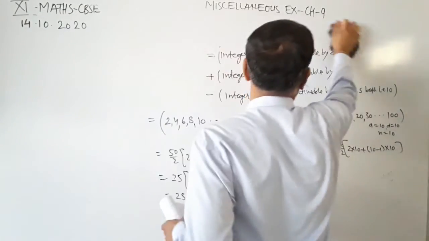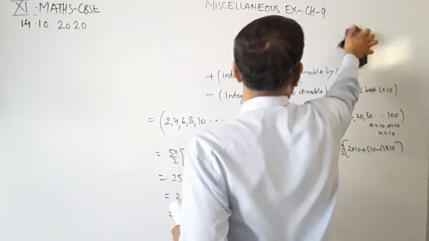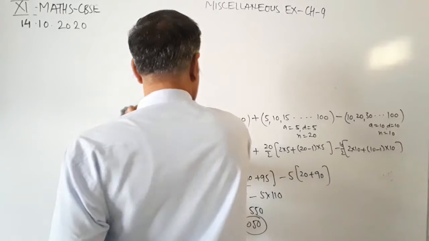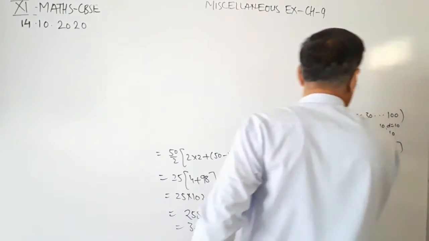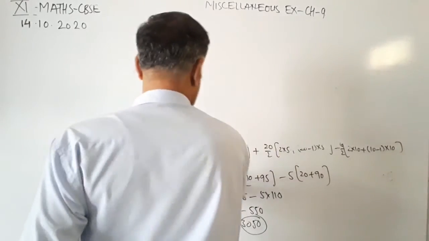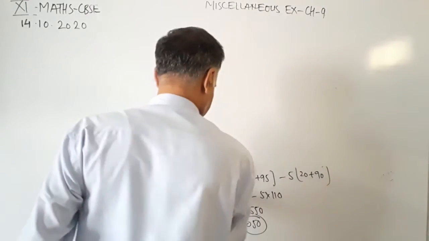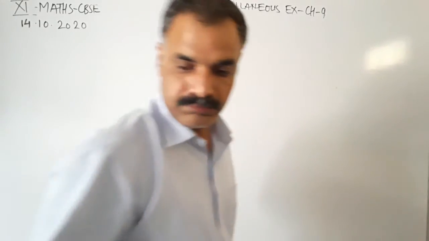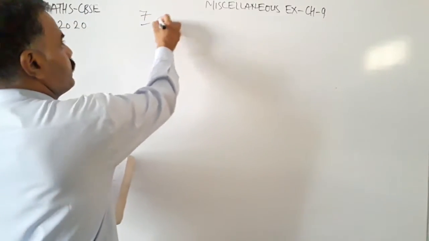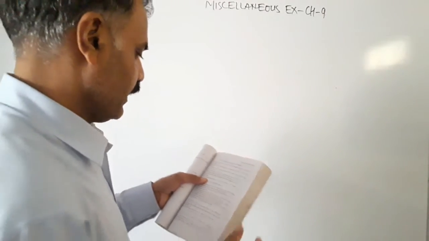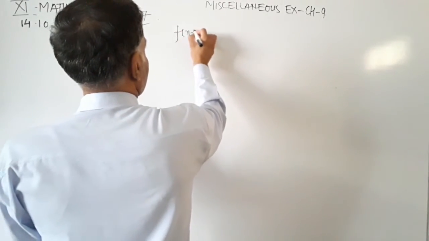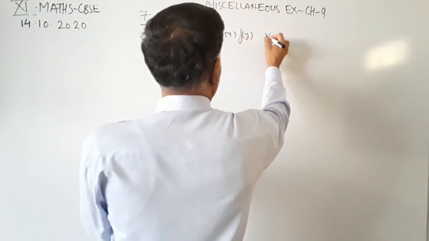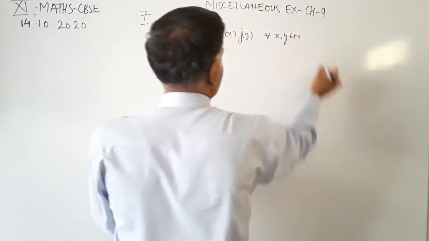Question number 7 of the exercise, chapter number 9. f is a function satisfying f(x plus y) equals f(x) into f(y) for all x, y belonging to the set of natural numbers.